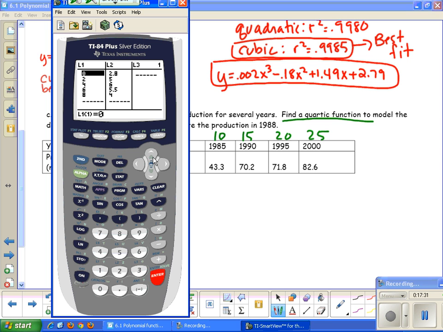Stat, enter. Up and clear my list. So I have 0, 5, 10, 15, 20, and 25.